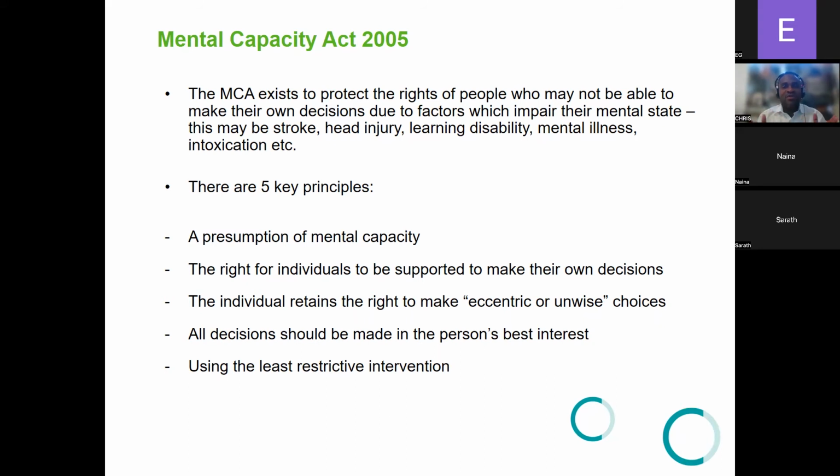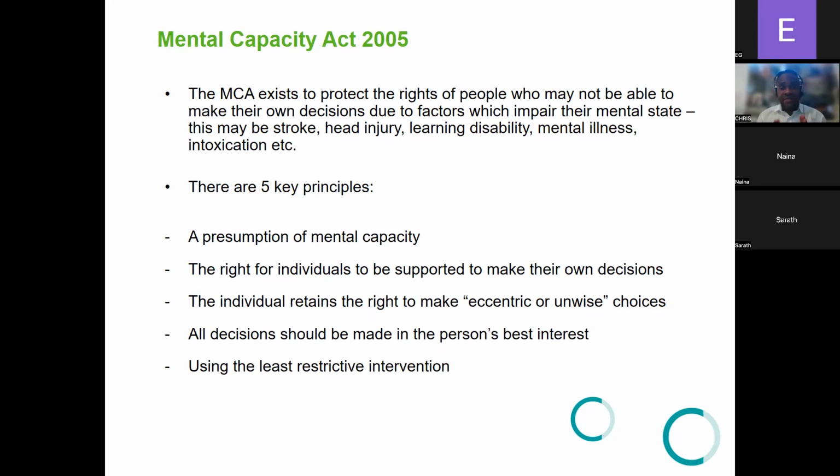Naturally, none of us want anyone to make decisions on our behalf. Even children, it comes to a point that in some decisions, they want to be involved. They want to know what you are doing for them. And you are trying to do this for them, and they say, no, I want it this way. I want that. So no one naturally likes decisions to be made for them.